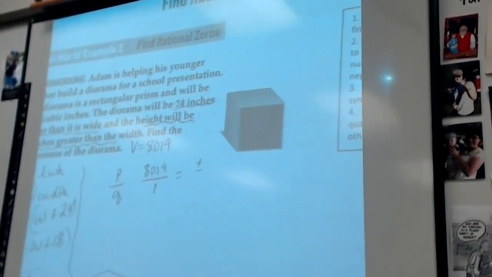So now here is where we need to do some work. We're going to have to find all the factors of 8,019. So how do we do that? It's on the back wall if you've forgotten. Go to graph. So you go to graph, then you do what? 8,019 divided by X, and then what do you want to look at?